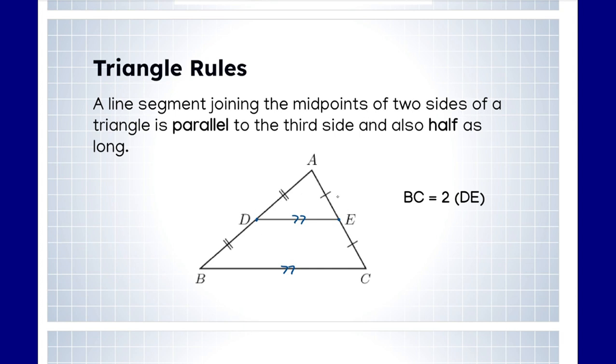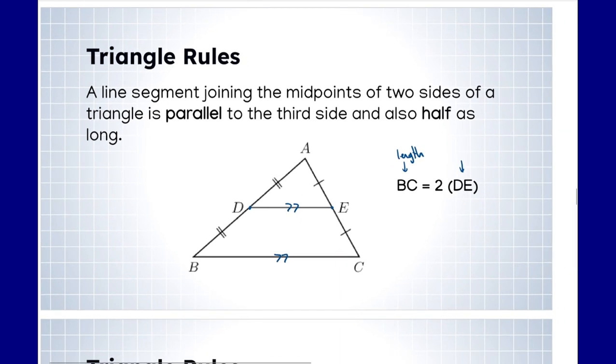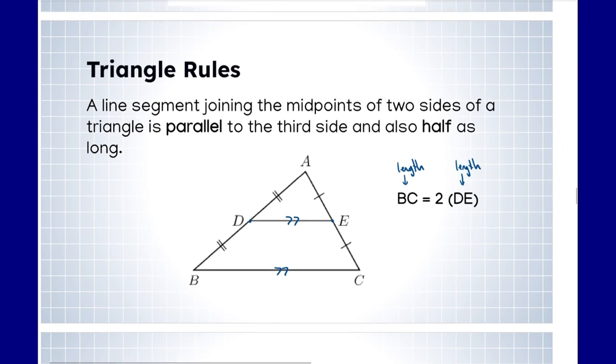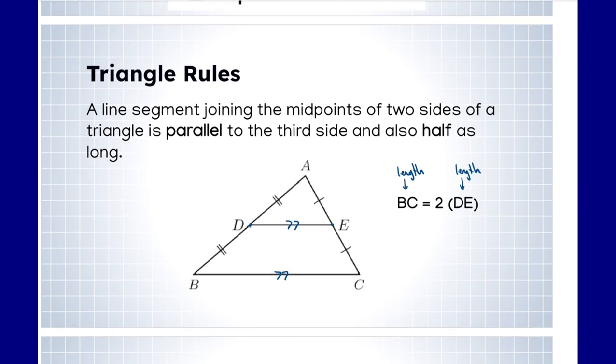And this line that we create by joining the midpoints is also half as long as the base of the triangle. So BC is equal to twice the length of DE. These two letters represent the length. So DE is half the length of BC.